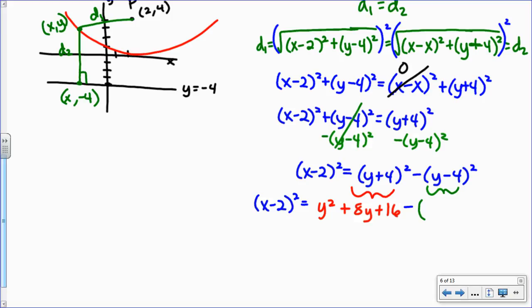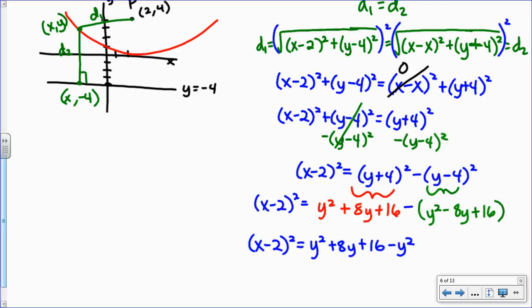So same thing, y squared, and then 2ab, so y times negative 4 is negative 4y, times 2 is negative 8y, and then negative 4 squared is positive 16. Okay, distribute the negative, and then we'll combine like terms. So minus y squared plus 8y minus 16.